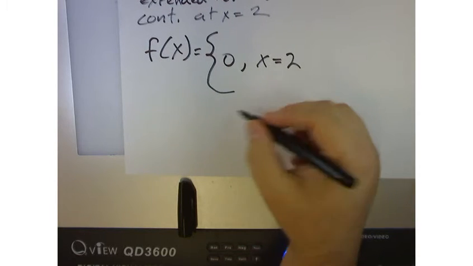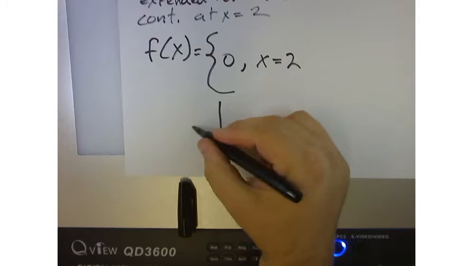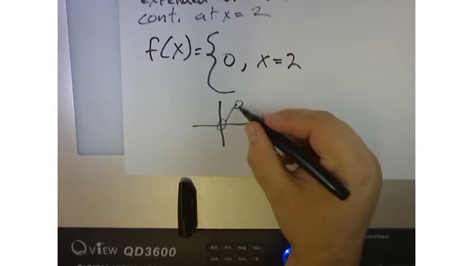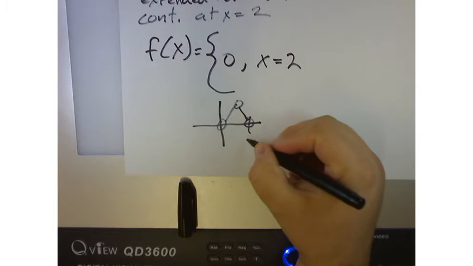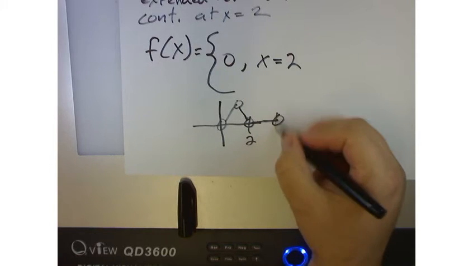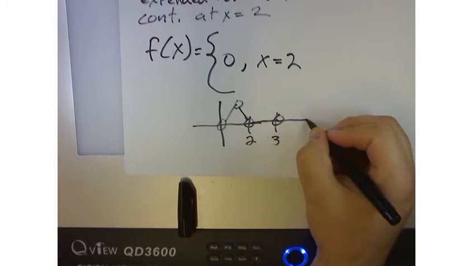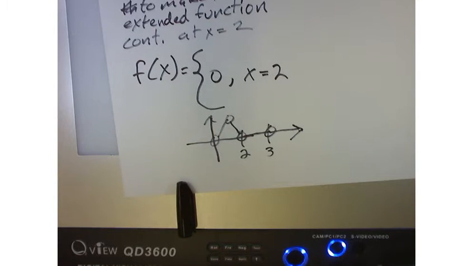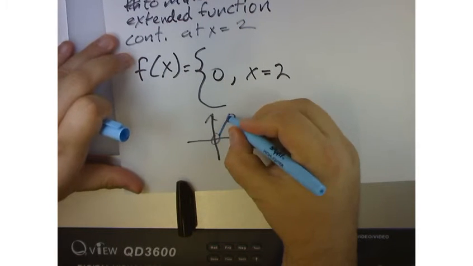And so I'm going to sketch the graph here. We've got open circles here and here at 2, and then another open circle at 3. So that's really our function there. And let me draw it in a different color so you can see.